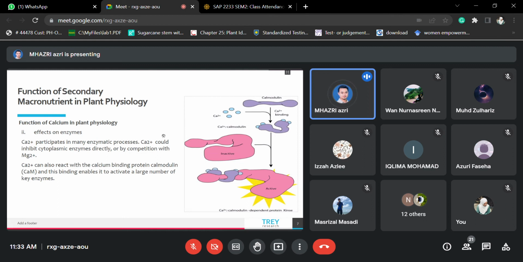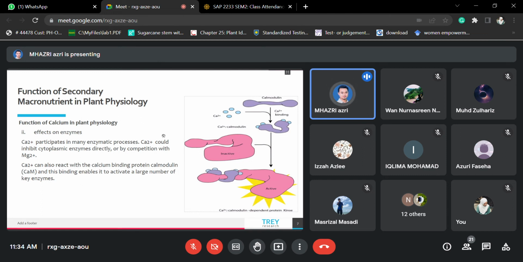So these enzymes initially require magnesium to become active, but when calcium binds at the same enzymes, it prevents magnesium from activating them. So the metabolic process will not occur. That's how calcium can deactivate certain metabolic processes.